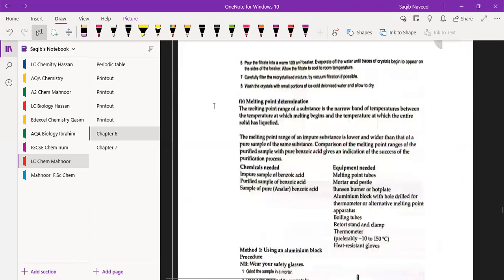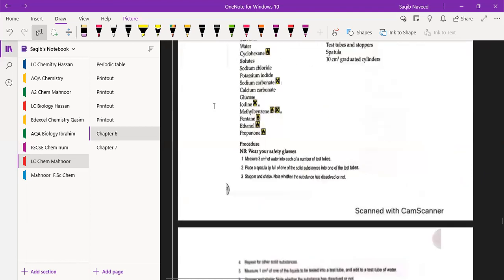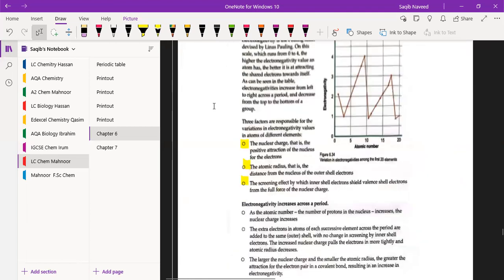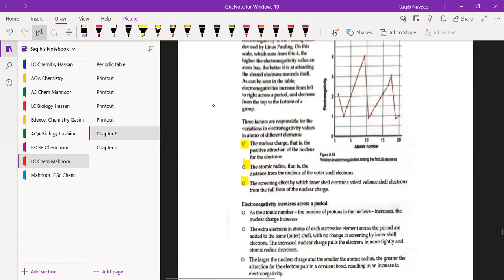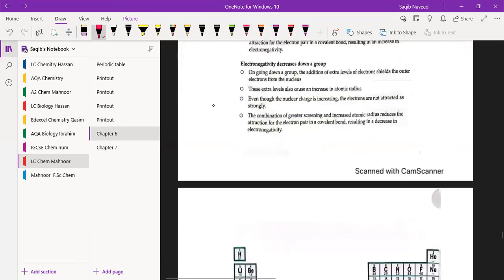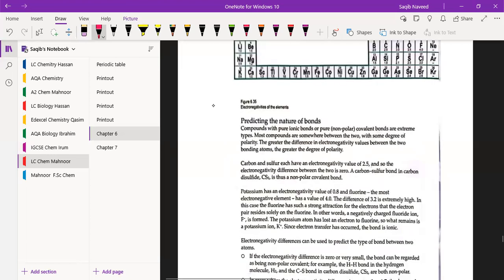Due to the electronegativity factor, the concept of polar bond arises. The electronegativity increases across a period and decreases down the group. So these trends you can read.